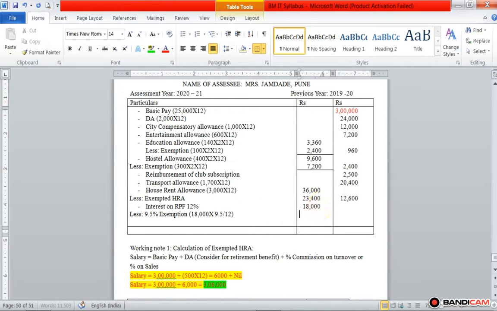So the exempted interest amounted to rupees 14,250. The remaining balance is taxable, that is 3,750.